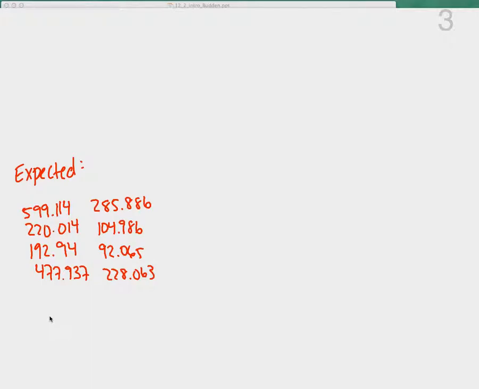Okay, remember the observed in matrix A and then your expected in matrix B. 477.937. Okay, and then when you're done, hit draw.